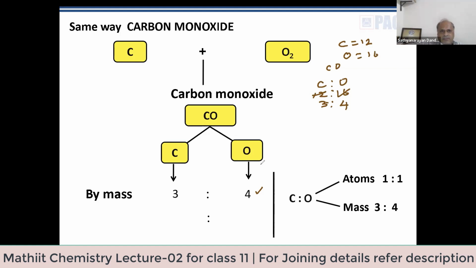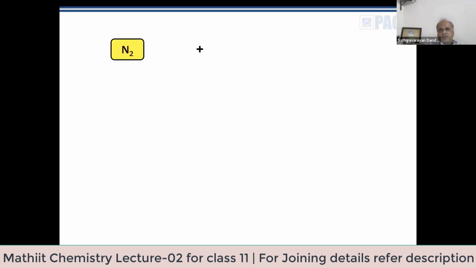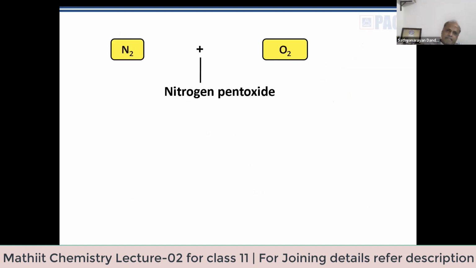Which example should we take now? Students, take the next example. Nitrogen and oxygen combine to form nitrogen pentoxide. The formula is N2O5. This is also called dinitrogen pentoxide.